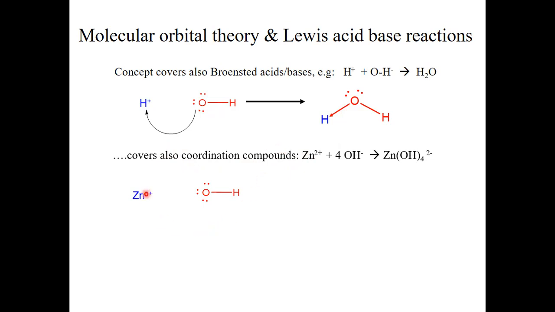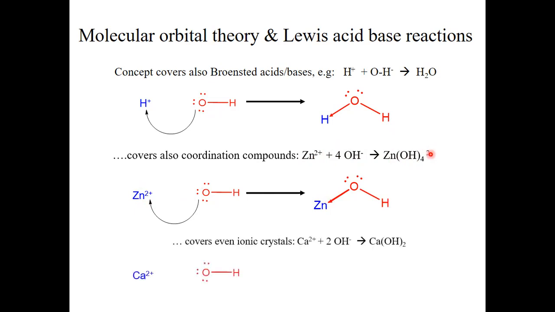For instance, if we have zinc 2+ ions reacting with, again, OH- ions, the OH- ions could be considered as the Lewis base, the zinc 2+ is a Lewis acid, so the OH- anion would donate an electron pair to the zinc to make a covalent dative bond. Okay, so in this case, the zinc could actually react with up to 4 OH- anions to form a tetrahydroxyl zincate 2- anion.